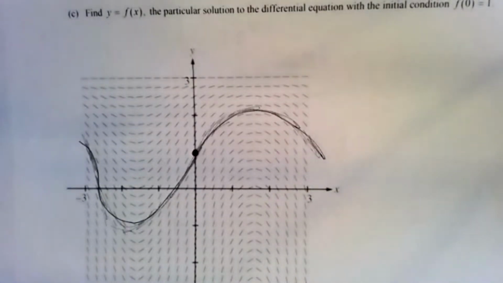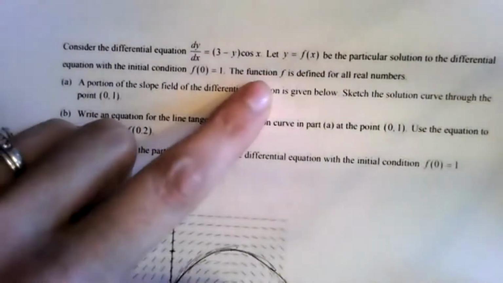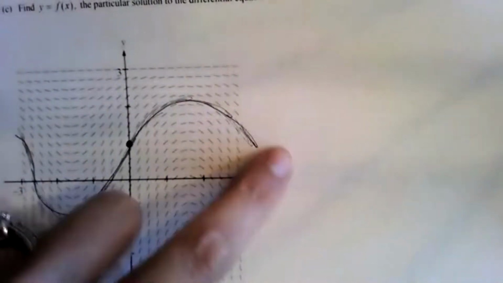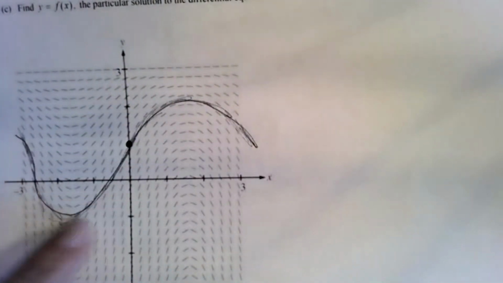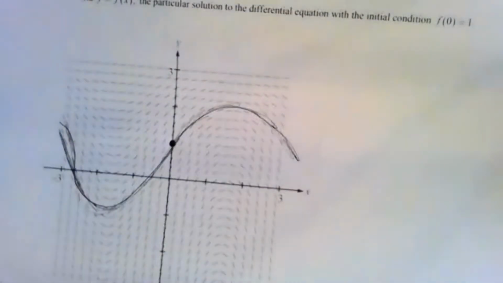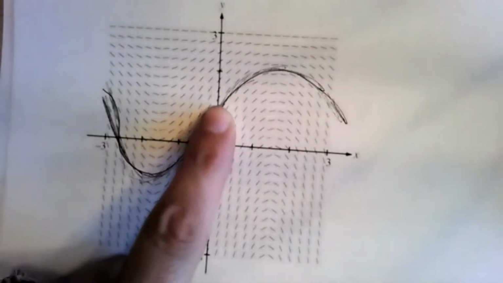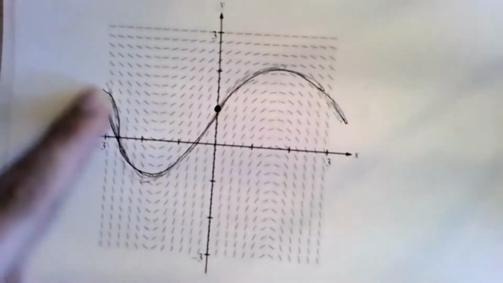Not perfect, but you have that general shape, and it should make sense to us that if this is the derivative and it has a cosine, then the function before it will have a sine, and I can definitely see a little bit of that sine curve. Over here, I might have gone a little wonky. I might have needed to look a little bit more like that. But they're not going to be that picky. They're looking for, did you go through this point and did you follow the curve from beginning to end?